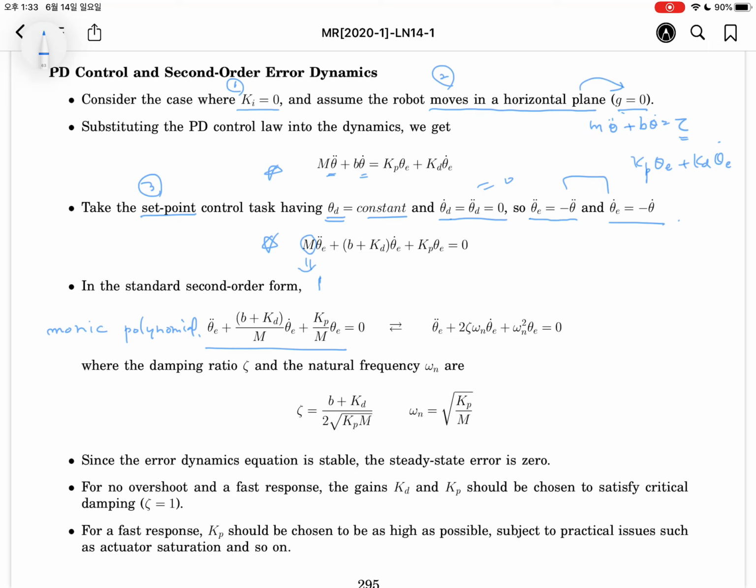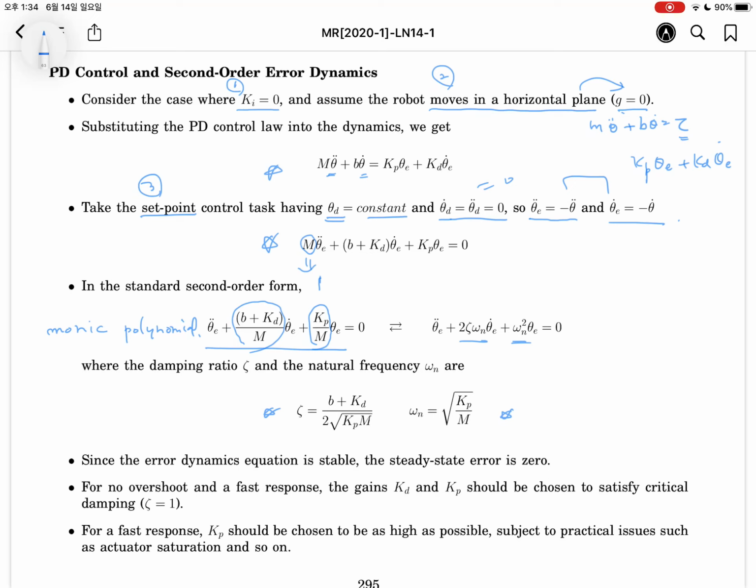Let's compare with the standard second order differential equation. The second term will be equal to 2 zeta omega_n, and Kp over m will be equal to omega_n squared. By comparing both, we can get zeta and omega_n. By increasing Kp, the response will be faster because omega_n is increased.